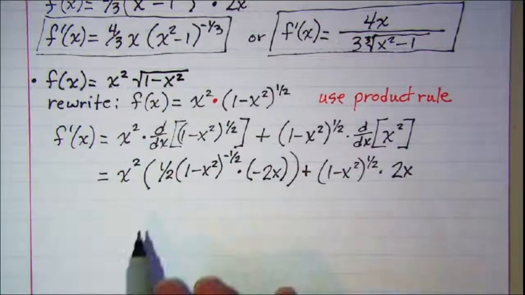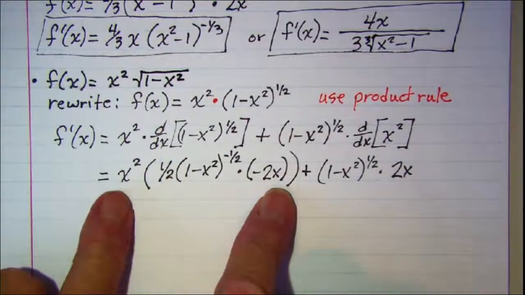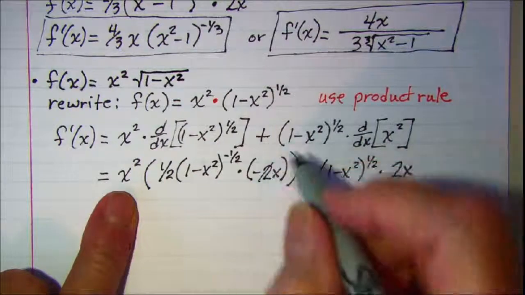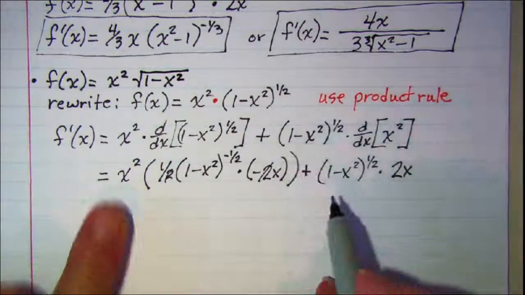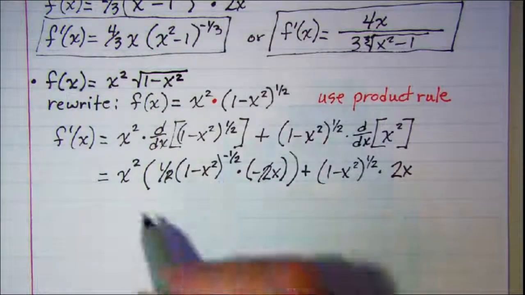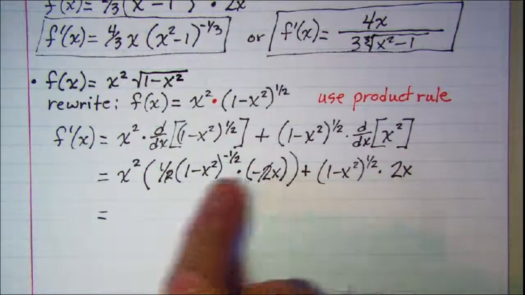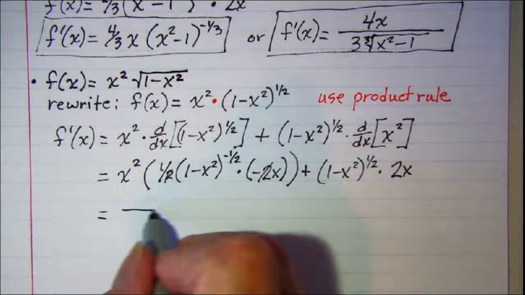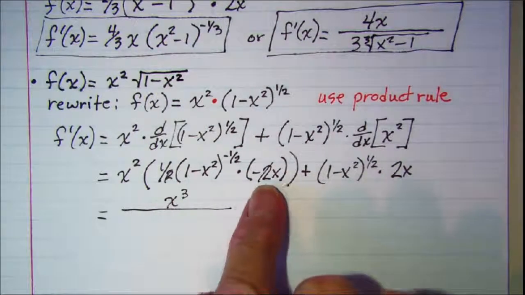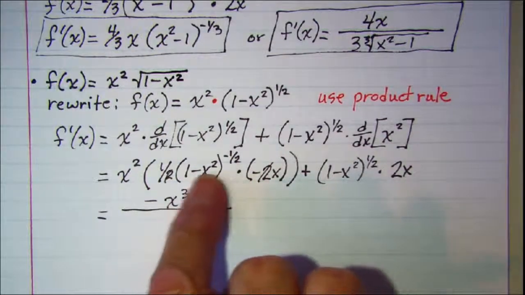And now we just need to simplify this a little bit. I see two terms, so this first term right here, I can cancel this 2 and this 2, make it a little nicer, and this is in the denominator. So let's write that as, I have an x here and an x squared, so x cubed, and then a negative, and then this is in the denominator.